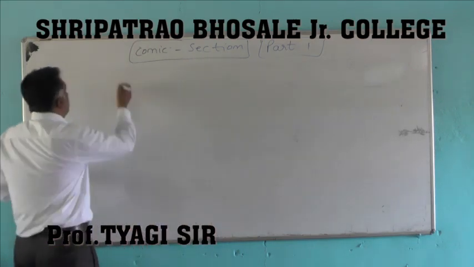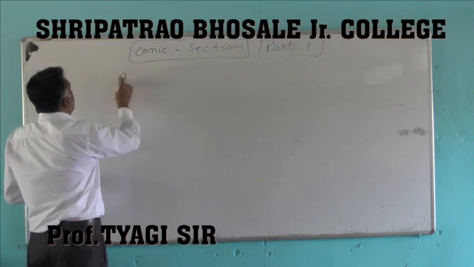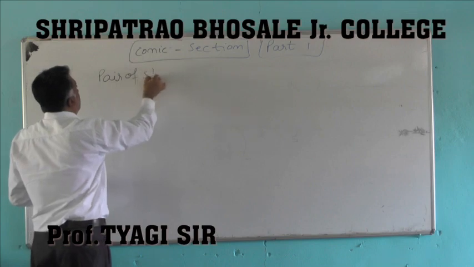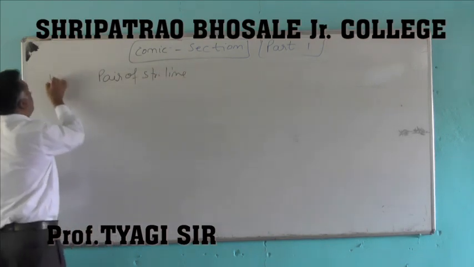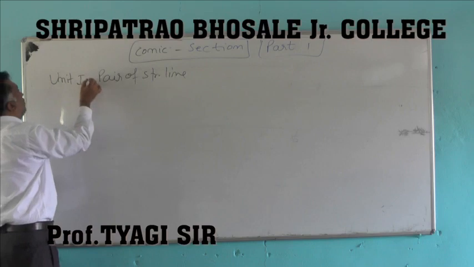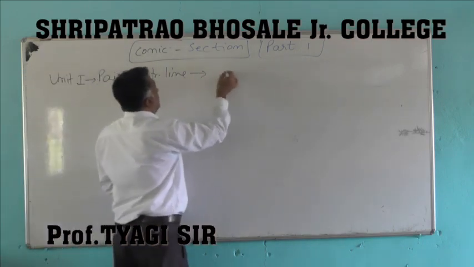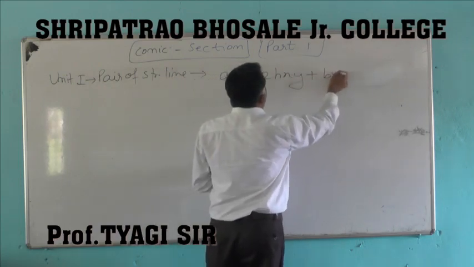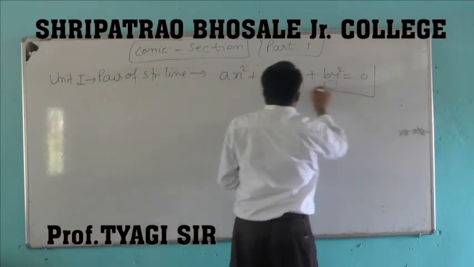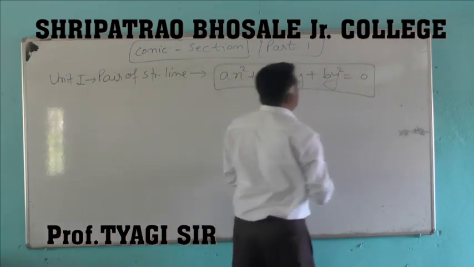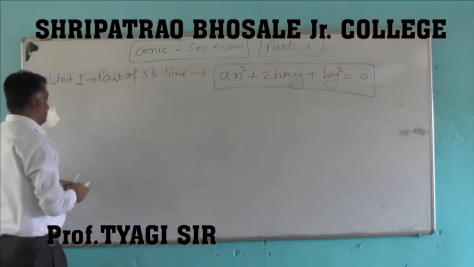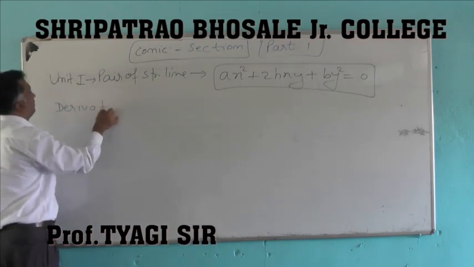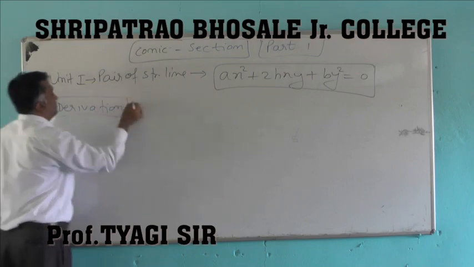Now, pair of straight lines, unit first. It should be understood as ax square plus 2hxy plus by square equal to 0. Derivation. What is the derivation?